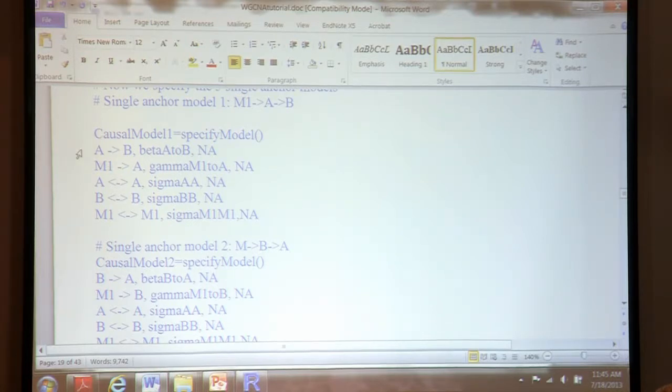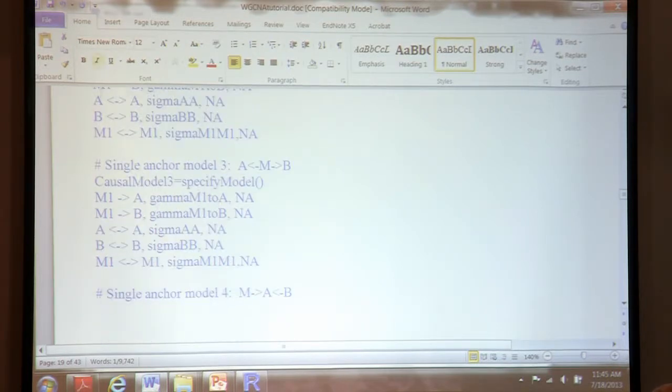Here we use a certain formulation of causal models called the RAM formulation. But basically you say there's an edge from A to B. Remember, the causal model 1 assumes that A causally affects B. Then I tell it this will be the name of the parameter, the path coefficient, it's beta. And then you can specify initial values if you have, but here I say I don't know the initial value.